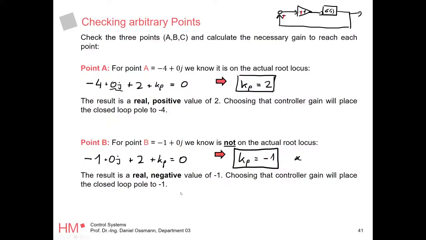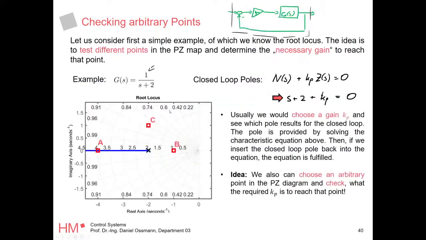So what it tells us is that we can only reach this point B if we do a positive feedback. And if you look at the rules I've shown you, if you do positive feedback, the root locus curves look like this. And this is fully understandable, actually, because what happens when we do negative feedback? When we do negative feedback, we are stabilizing our system, right?